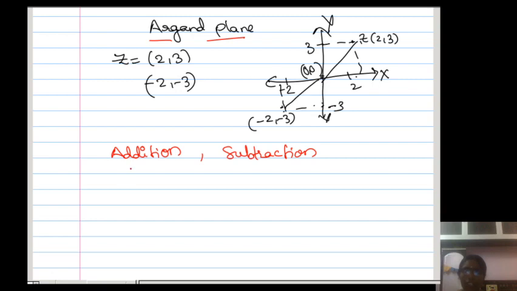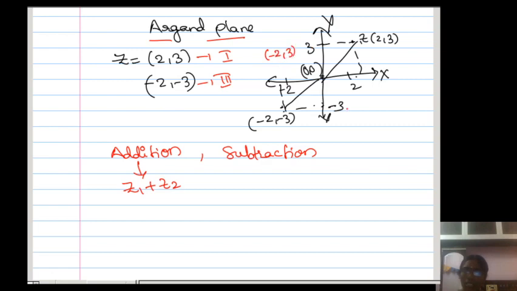Let us say Z1 and Z2 are two complex numbers. Then Z1 plus Z2 represents the addition of those complex numbers. Suppose here it is in the first quadrant, and this is the third quadrant. What about the second quadrant? The point here, (-2, 3), is in the second quadrant.